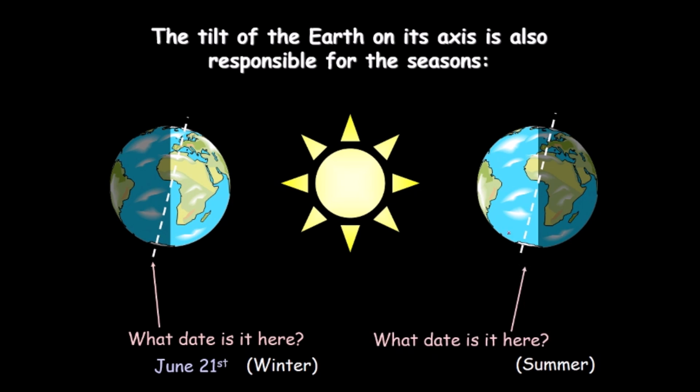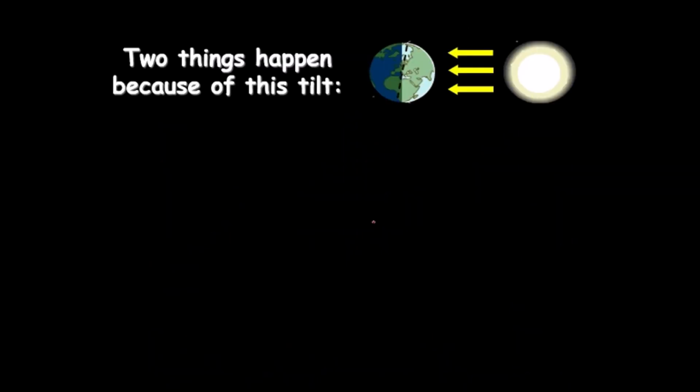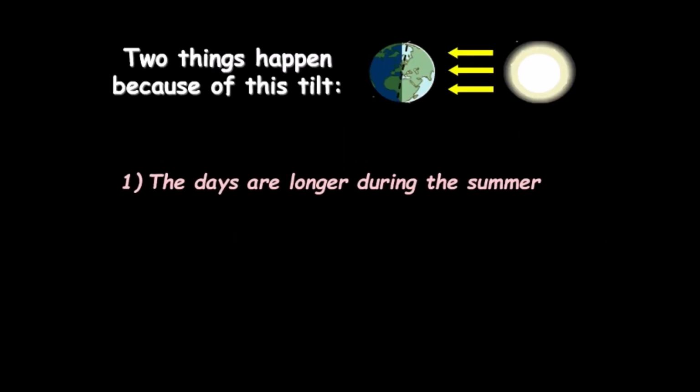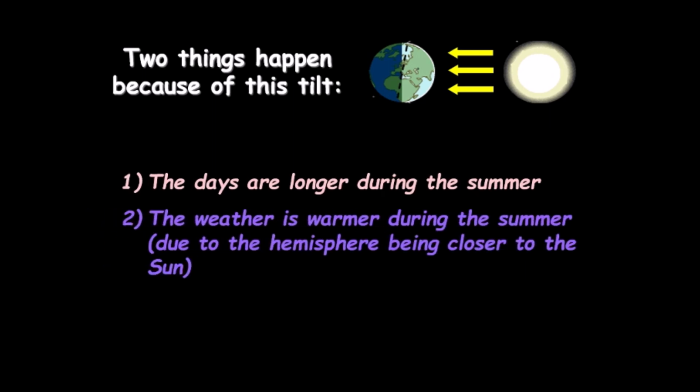Whereas over here, if they were experiencing summer, it would be most likely one of the summer months. Okay, so I've just given a random example. 2 things happen because of this tilt, all right? The days are longer during the summer, and the weather is warmer during the summer. And that's due to the hemisphere being closer to the sun.